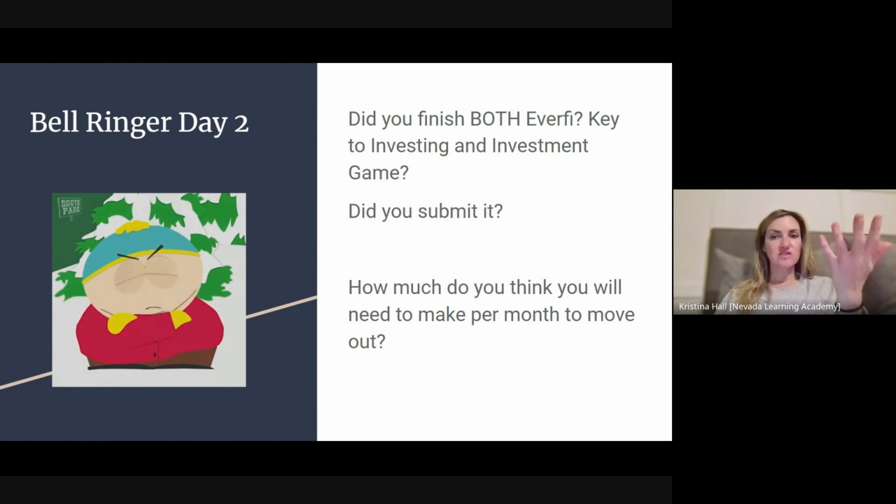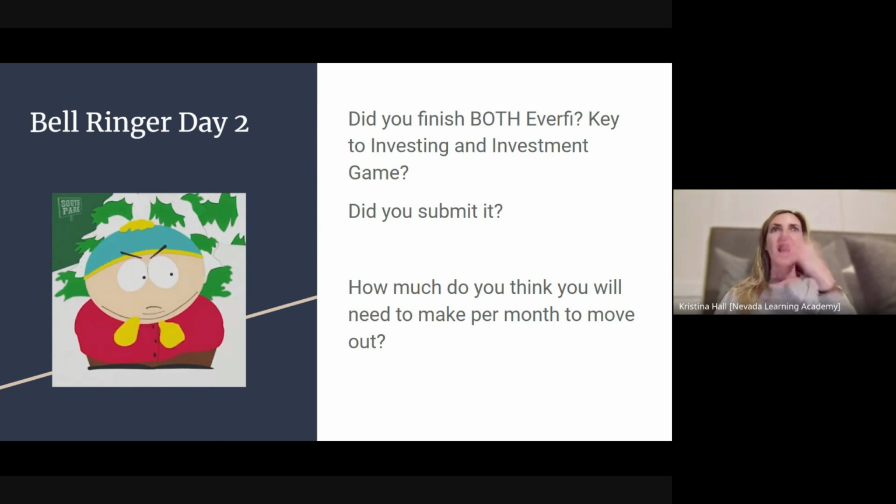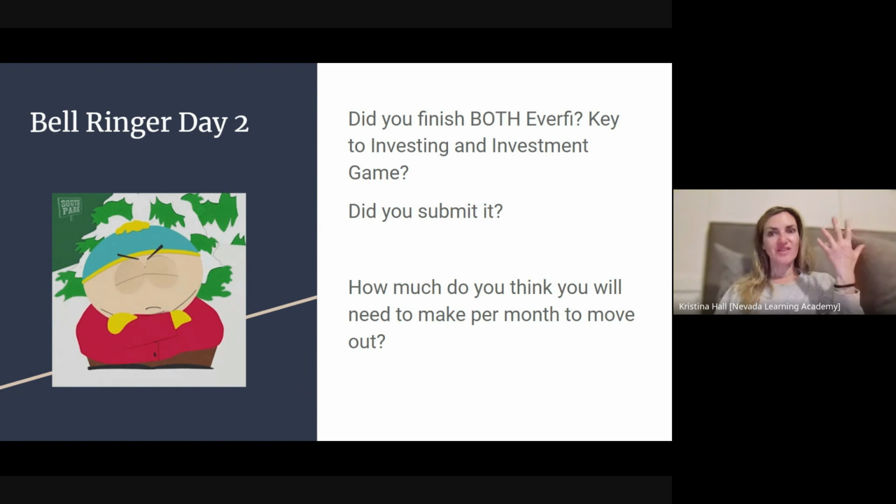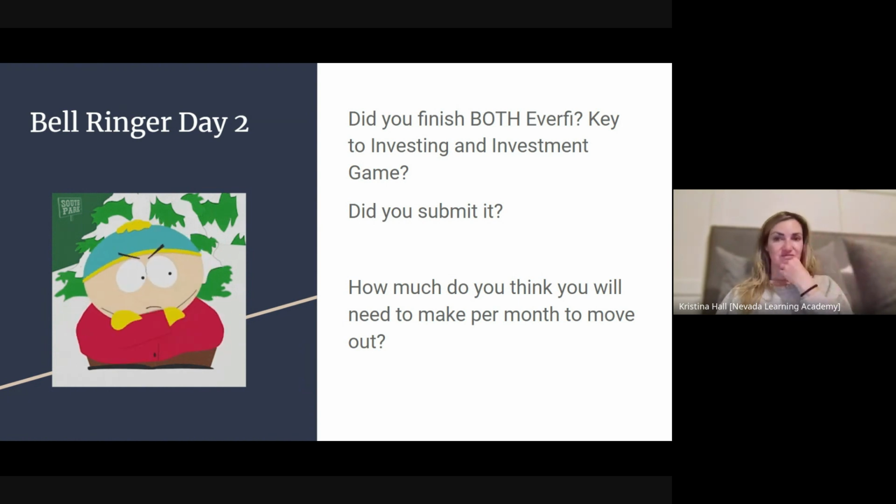A lot of you are seniors, you could be moving out in the next bit. Maybe you're going to stay home for a while, but how much would you actually need to make in order to move out? Think about that for a second. Paying rent, assuming you probably had a roommate. Are you going to have a car payment, insurance, utilities, food, miscellaneous, fun money, savings? It's going to add up really, really quick.